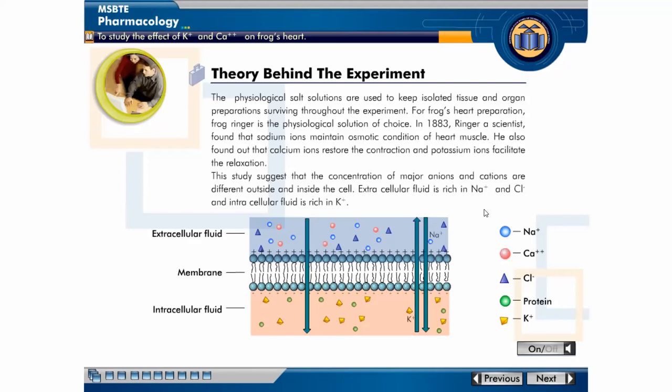Then calcium, sodium and calcium ions. And intracellular fluid is rich in potassium ion here. This indicates potassium ion. So intracellular fluid is rich with the potassium ion. You have to draw this diagram in your experiment or in your manual.